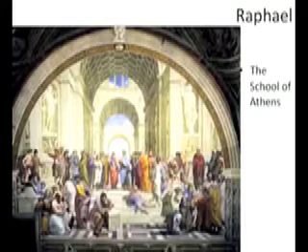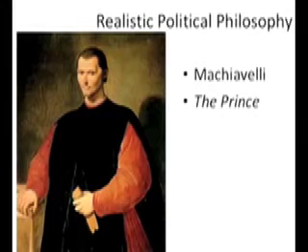This is also a great example of perspective. As you can see, the archways and everything go to a vanishing point in the center, and it looks very realistic, three-dimensional. That's another example of innovations in art that took place during this time.